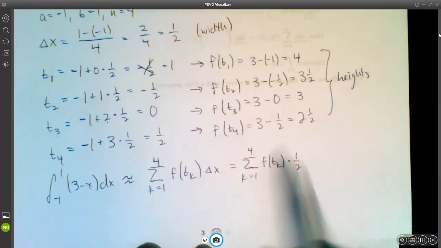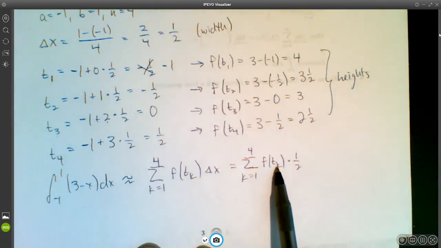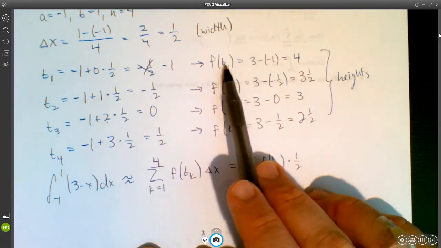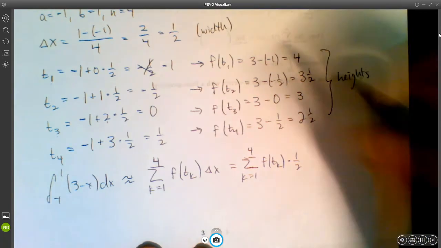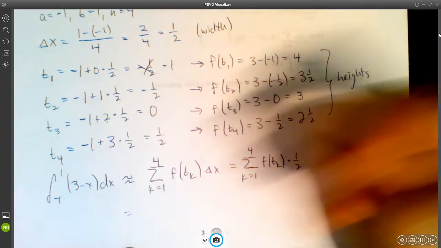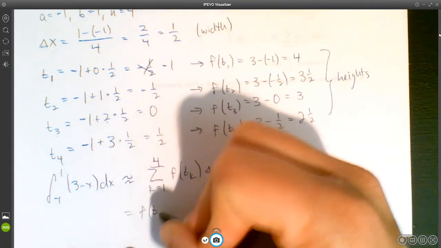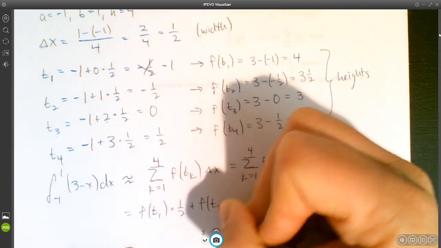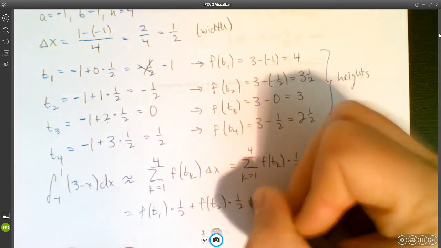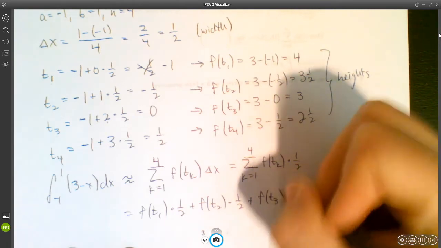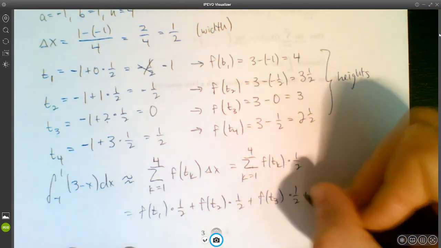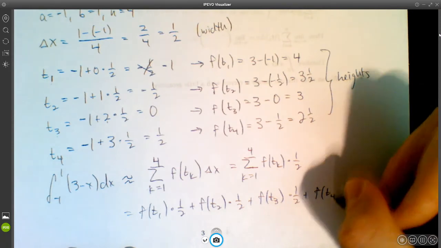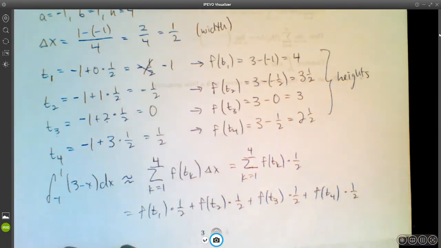Okay, well, f of tk, if we plug in 1, we get f of t sub 1, which is 4. So this is f of t1 times 1/2 plus f of t2 times 1/2 plus f of t3 times 1/2 plus f of t4 times 1/2.